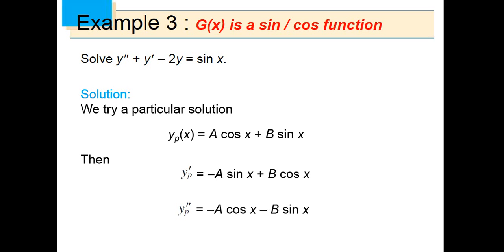So if you differentiate this, you will have a negative a sine x and a b cosine x. And if you differentiate this, that would be the second derivative, a negative a cosine x and a negative b sine x.